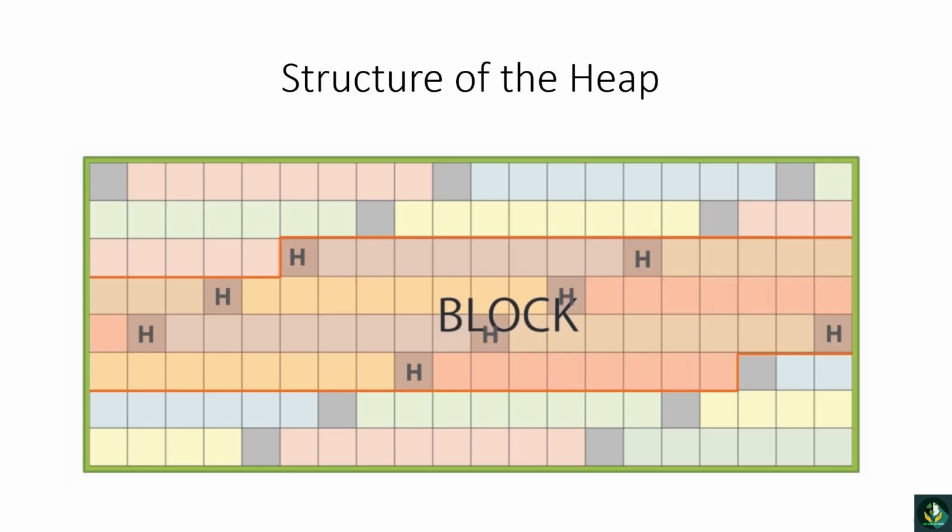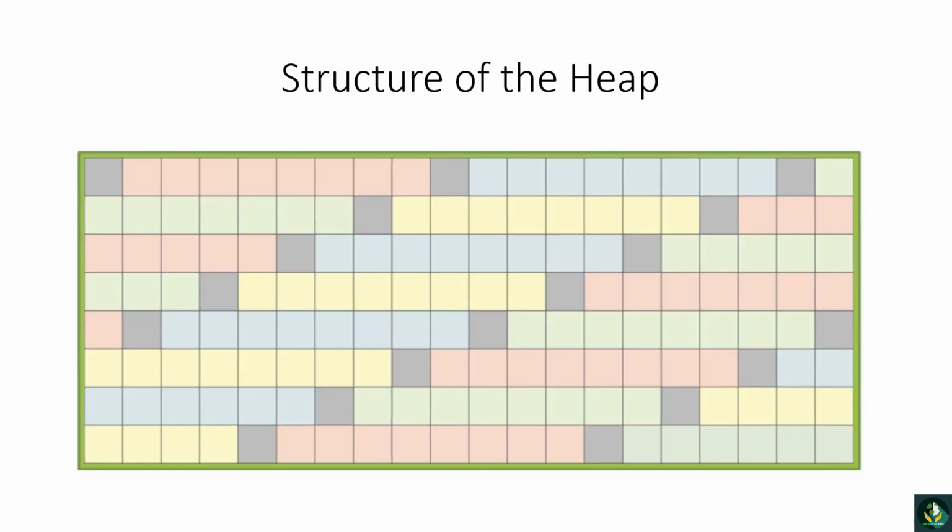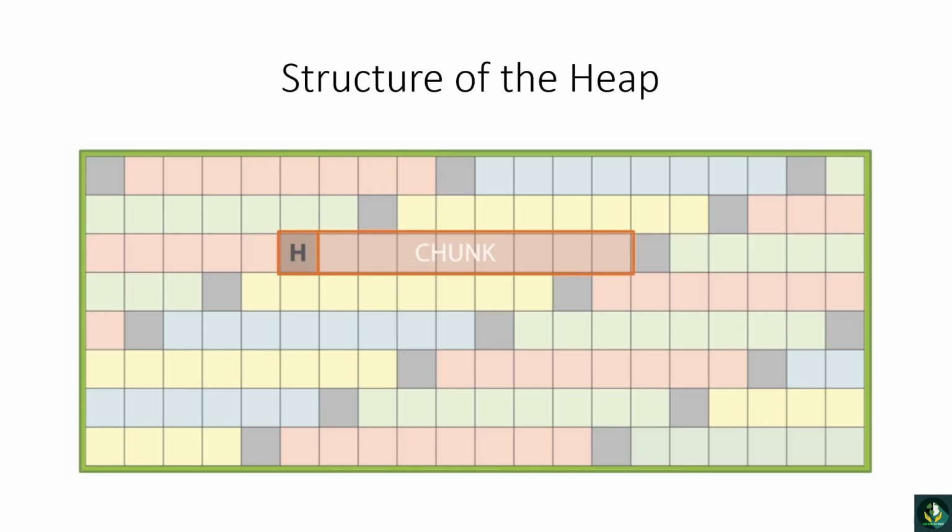The exact structure and algorithm used to manage the heap differs between operating systems, but the basic concept is that a large area of system memory is allocated for use by a process. When a process is started, the memory area is filled with memory management structures that we call chunks, and each chunk is filled with a header.